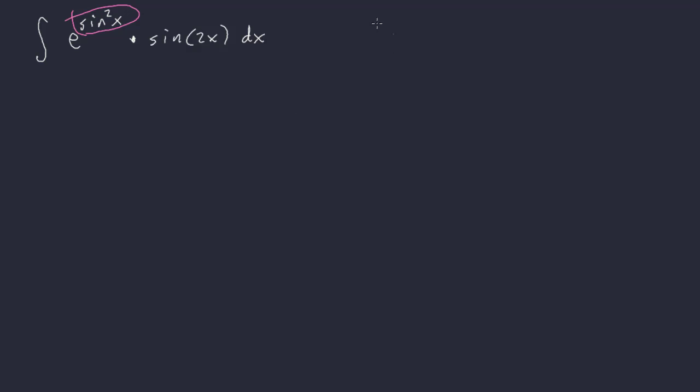E to the stuff is a really good candidate for u substitution. Okay, so I'm going to let u be sine squared of x. Okay, and that makes du equal to, well, we need to do a chain rule here. So this will be 2 times sine of x times the derivative cosine of x dx.